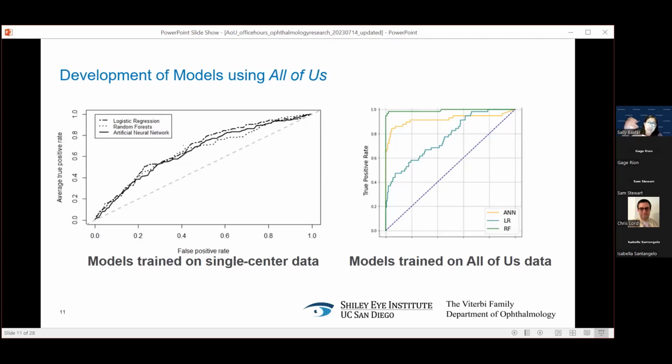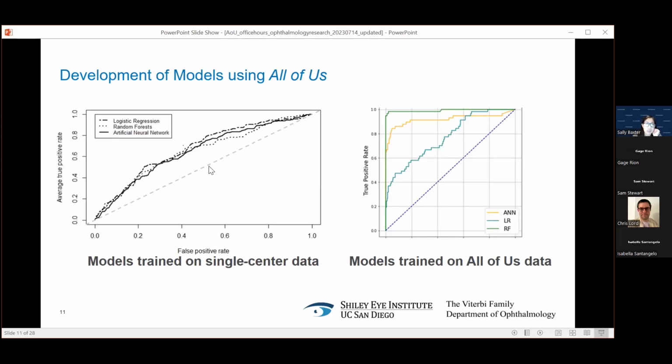So, being able to identify patients who ended up getting glaucoma surgery versus those who didn't. And I apologize that these are slightly different scales, but this is from our previous data from our single center. And the AUC, the area under the curve here, was around the 0.65 to 0.7 range.